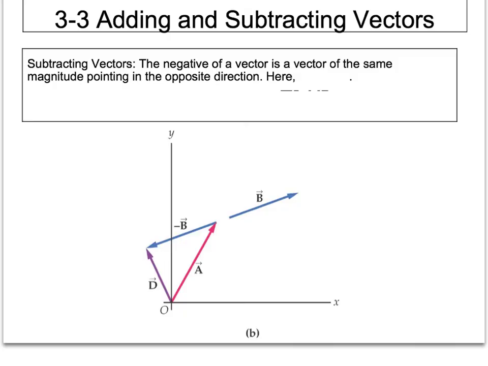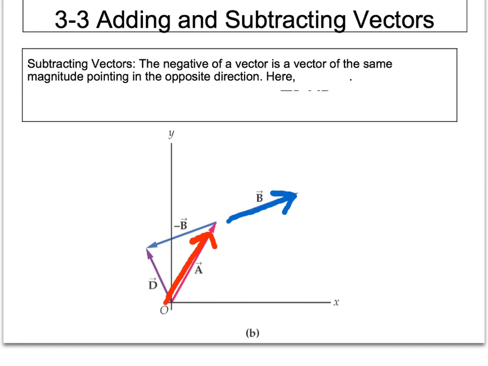So now let's talk about how to subtract vectors. I'm not going to spend much time on this because it's super simple. When you subtract a vector, let's say we were going to do vector A minus vector B. And I'm going to use vector notation on this slide. You'll see what I mean in a second.